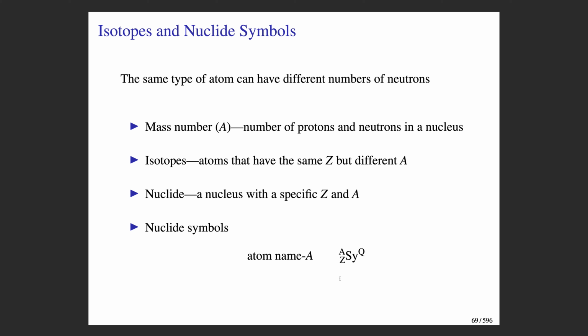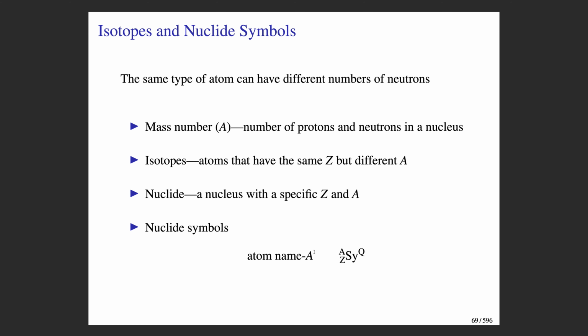Each isotope has the same atomic number, but will have a different mass number due to the different number of neutrons in the nucleus. The term nuclide refers to a nucleus with a specific value of Z and a specific value of A, the mass number.